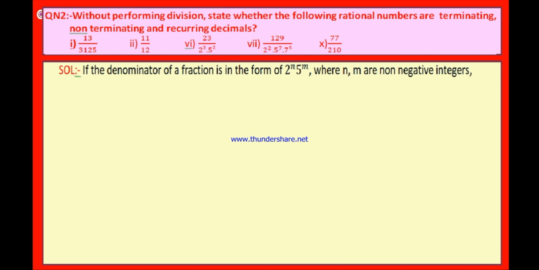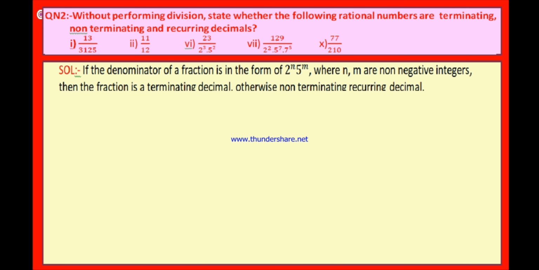Here is the first bit. Now before solving this, we should know that if the denominator of a fraction is in the form of 2 power n into 5 power m, where of course n and m are non-negative integers, then the fraction is a terminating decimal. Otherwise it is a non-terminating recurring decimal. I shall repeat.